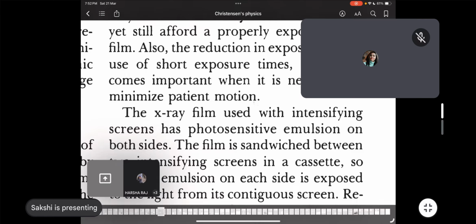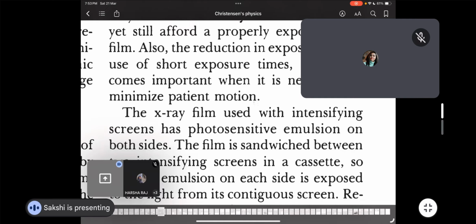Is it able to convert the X-rays into light photons faster? See, less radiation is needed to create the density. Harsha, your voice is a little blurry. You're trying to explain something properly, but can you please come near the mic of your device? When used with the intensifying screen, the radiation required to produce an optical intensity will be less.